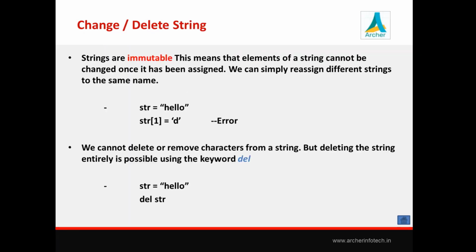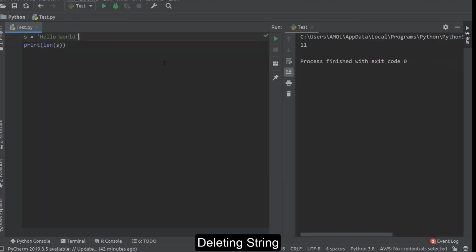Now next we will come once again to the point that we have said strings are immutable, as we said in the previous slide. It means that we can't change the length or the content of a string once it has been assigned. Suppose now you have created this string hello world. This is your first character, we know it as index 0, h.